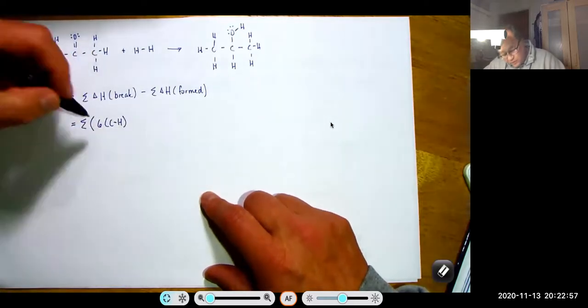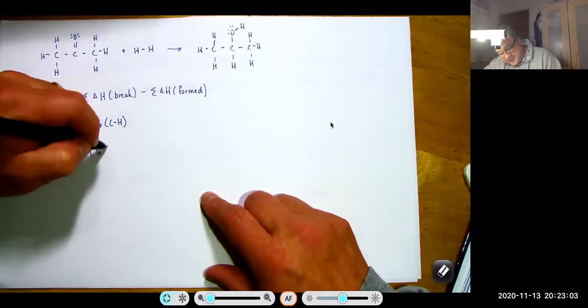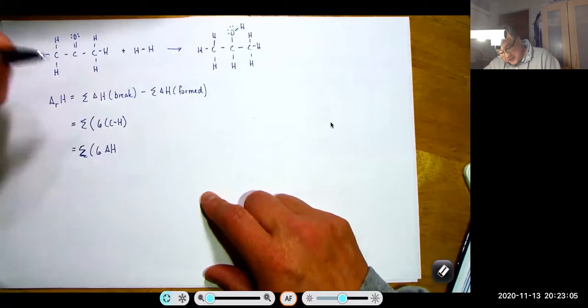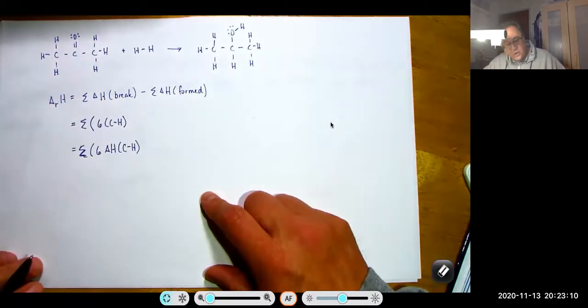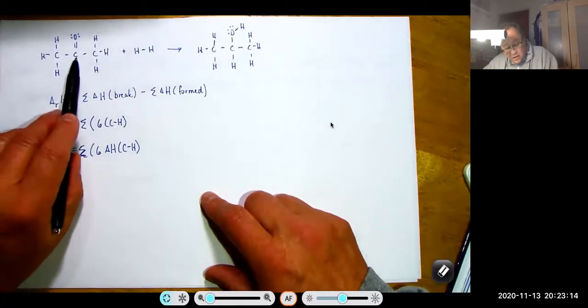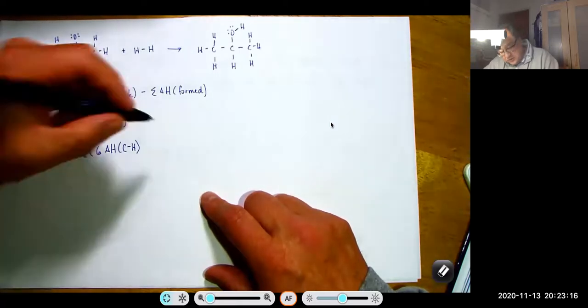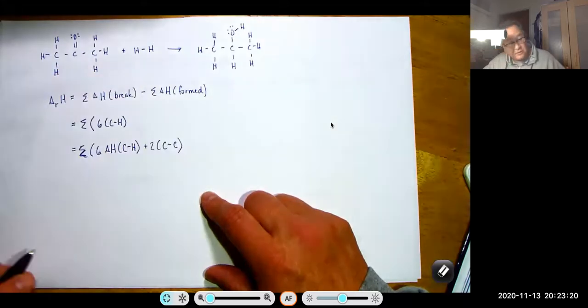And so what we really should be writing here is 6 times that change in enthalpy for a carbon-hydrogen bond. What other bonds are we breaking? Well, we're going to have to break a carbon-carbon bond here and a carbon-carbon bond here. So we're going to add 2 carbon-carbon single bonds.